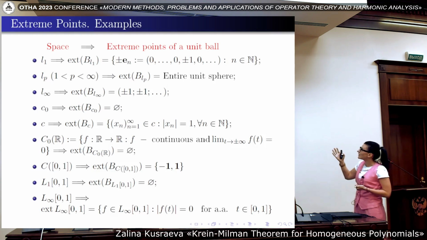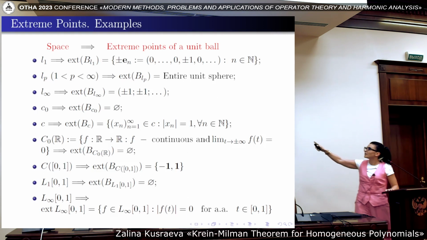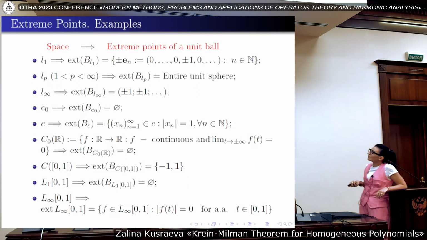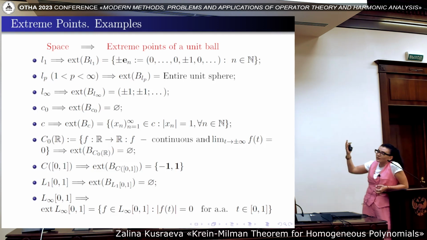There are spaces where there are extremely many extreme points, and there are also sets where there are countably many, and for example the case when the set of extreme points is the entire sphere. So there are many cases, and in all these cases one can see that the set of extreme points is less than the unit ball itself. And so the question is how to reconstruct the unit ball by means of extreme points.